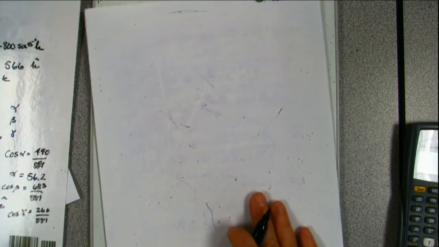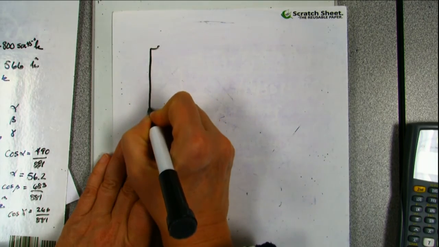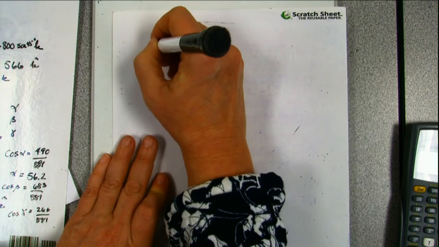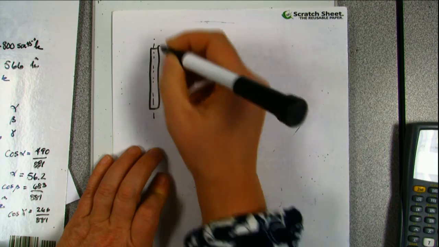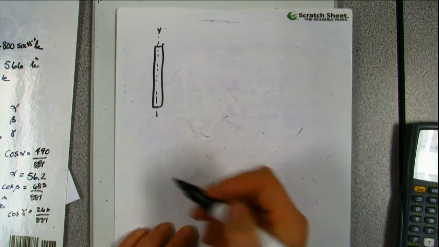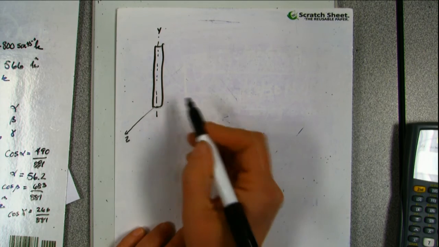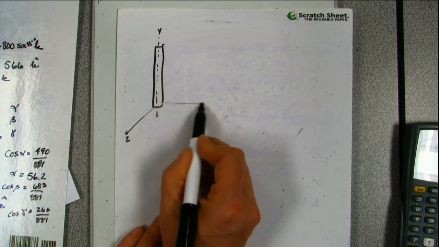This time I have a pole. Okay, and my pole is going to be on the y-axis. I'm going to define my z-axis here, and I'm going to define my x-axis here.